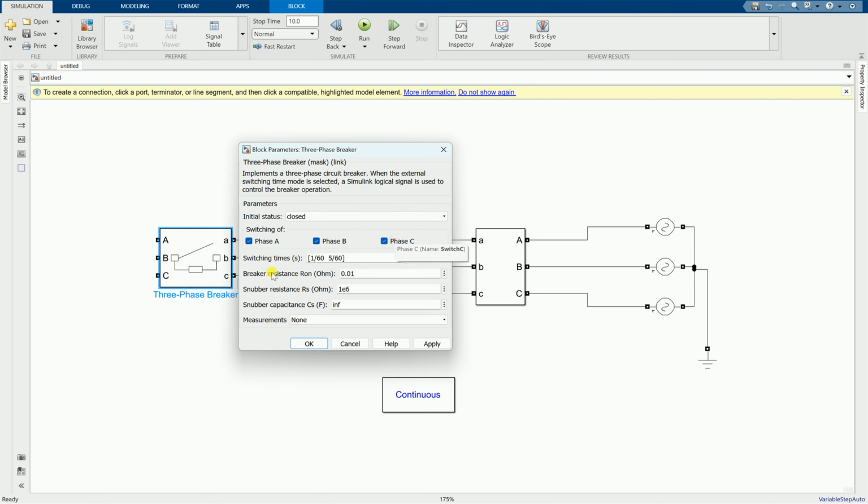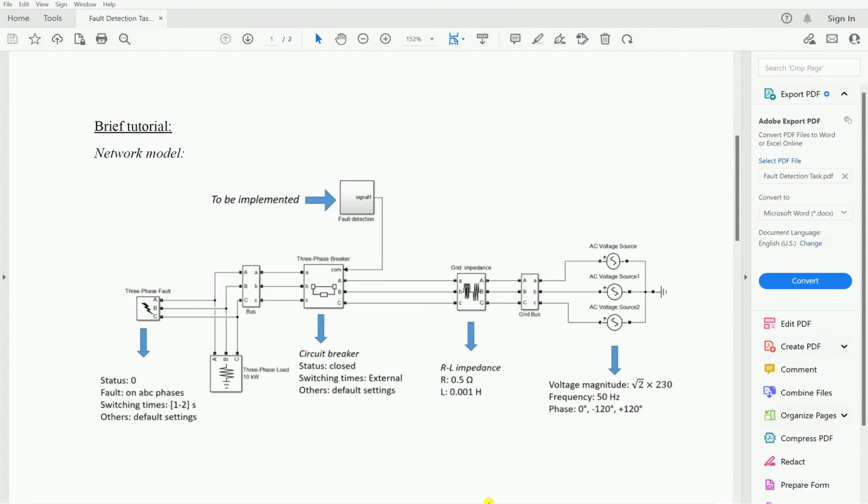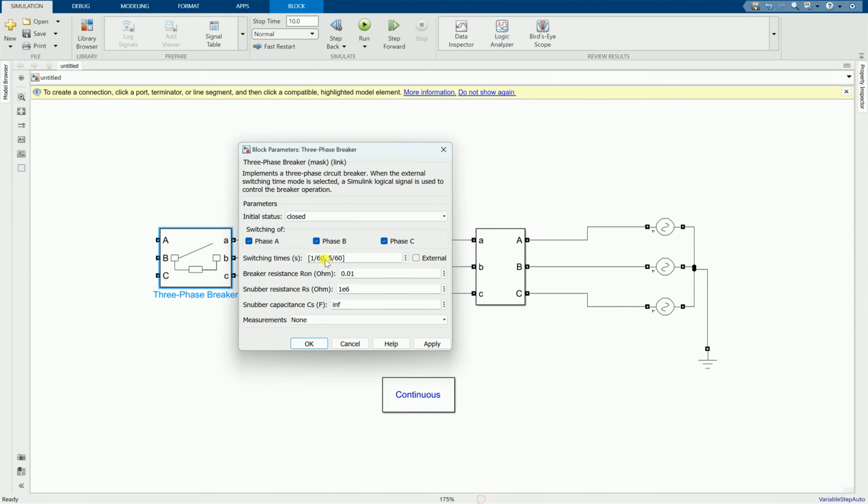These values represent the breaker resistance, or on resistance when it is turned on, snubber resistance, and so on. This value is related to the circuit breaker itself. We don't change anything of these. Here you can see that the switching time will be external, so it will give the switching signal from outside here. So we'll make the switching signal external and apply.